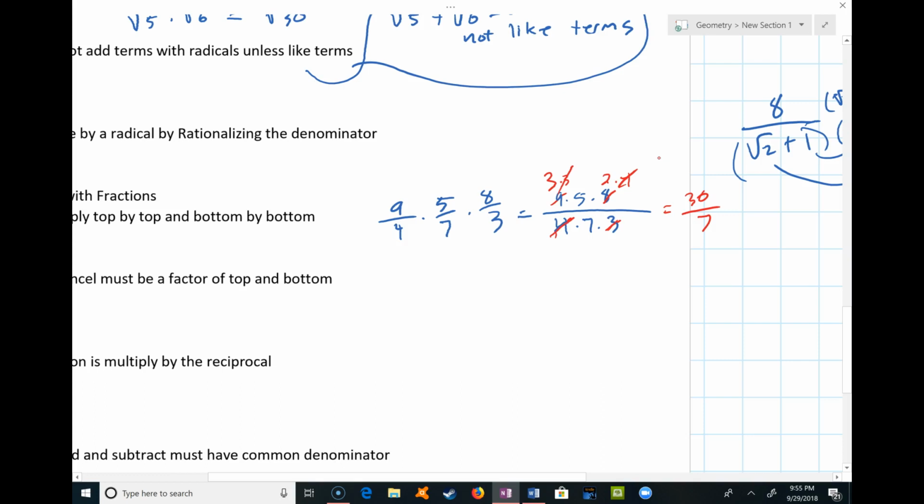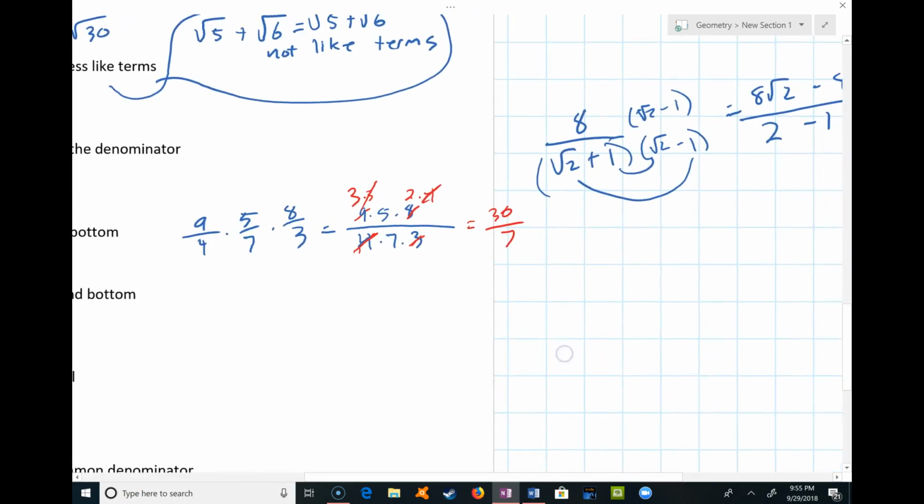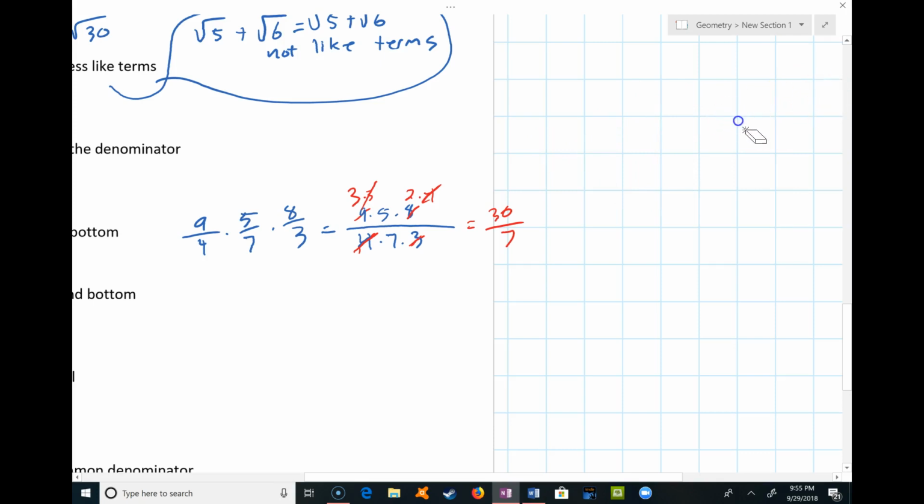Okay? And of course, this gets a little bit more complicated when we have variables, but we've done some of those already. So if I had 3x squared over y cubed times 4x squared over z to the second times 5z to the fifth over 9.